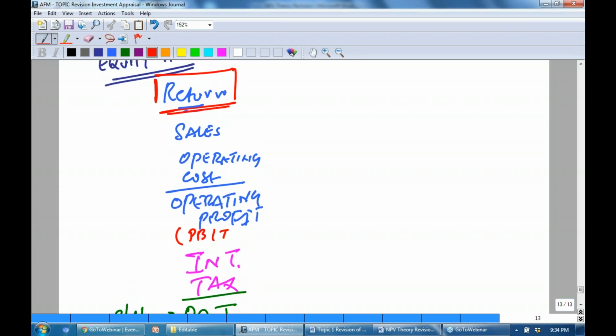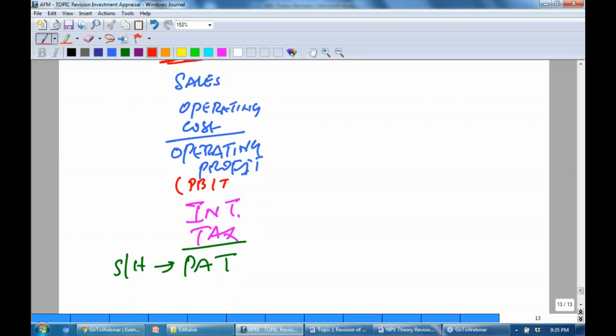But there's always the risk that whatever profit is expected may have some variation. That variation is called risk.